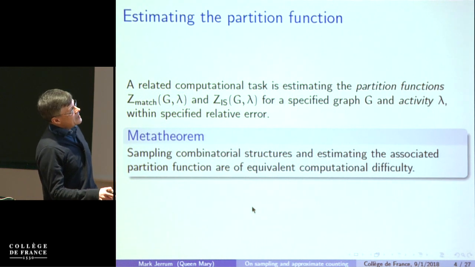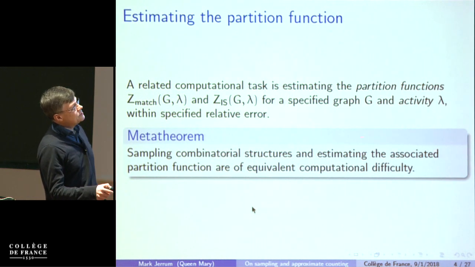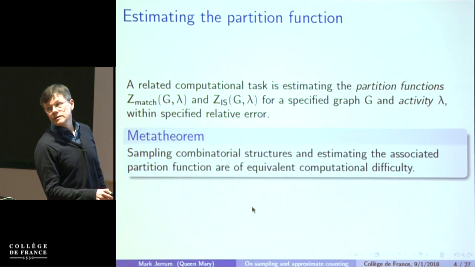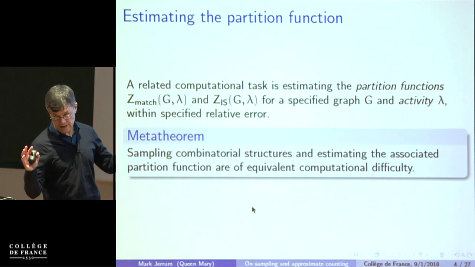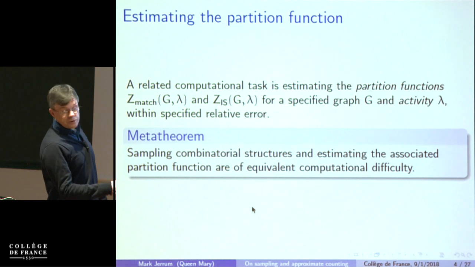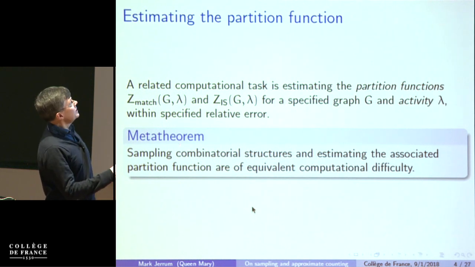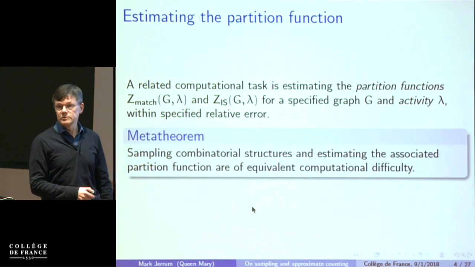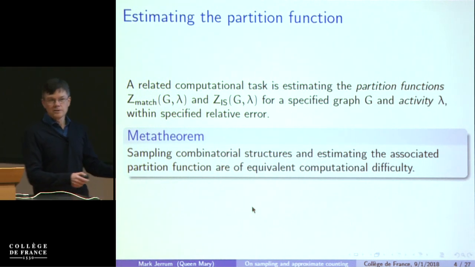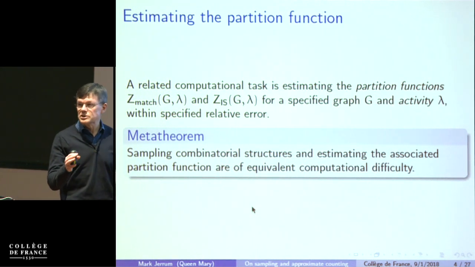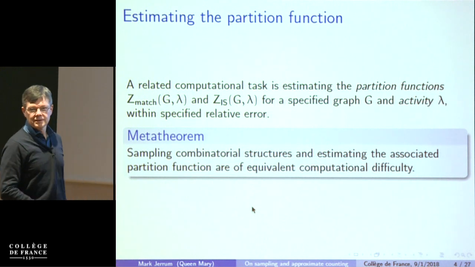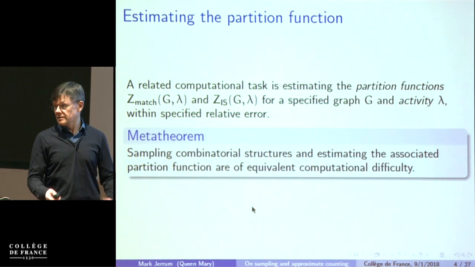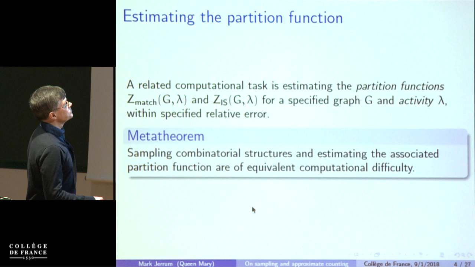And conversely, if you're able to approximately count the structures, then it's possible, under these technical conditions, to use that as a black box in order to do sampling. So the nice thing is I don't have to treat these as two different problems. I just need to solve one, and that automatically gives a solution to the other.